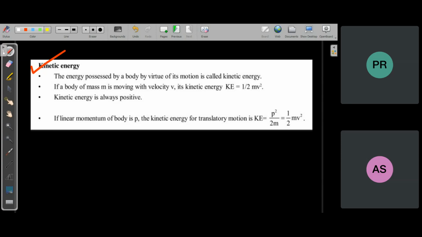You don't see it around yourself, and that's why you think something has to come from rest to a particular velocity, so some work is required. But there are things which are continuously moving, and no work is required because they have been moving since the Big Bang itself, and Newton's law allows it, no?